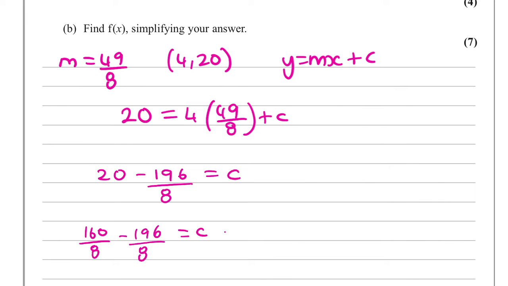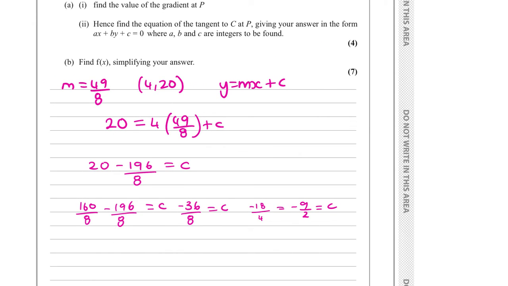So I'm going to have minus 36 over 8 equals c. Is that right? Okay, so minus 36 over 8. We can simplify that: minus 18 over 4, which is minus 9 over 2. So you can simplify this.